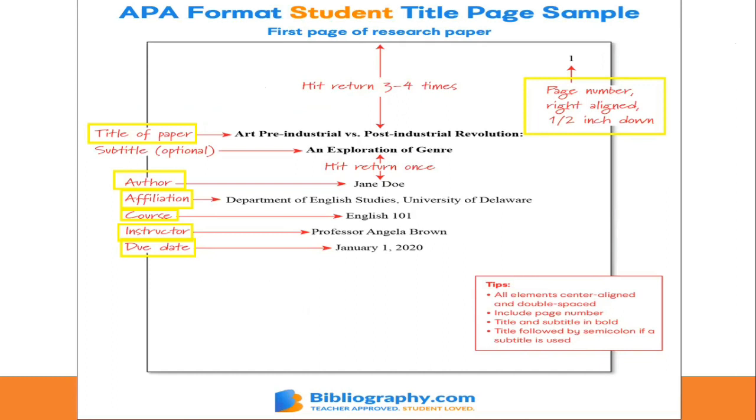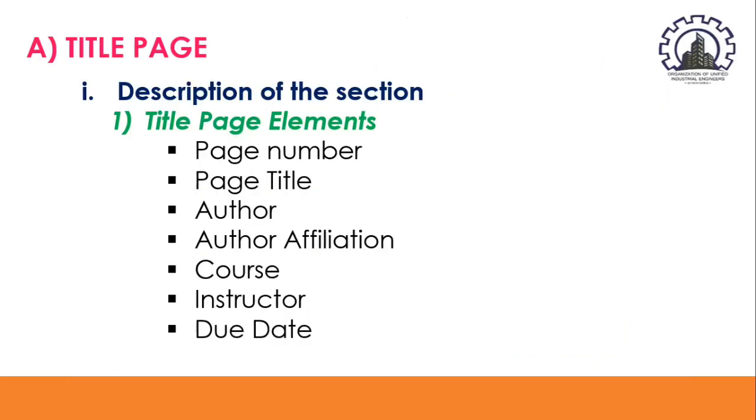So in this case, you have Department of English Studies and University of Delaware. Okay, that is Jane Doe's affiliation. And aside from that, it also includes the course of the researcher or the author, the name of the instructor or professor, and the due date as well.